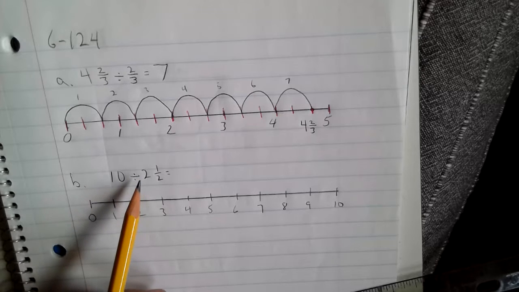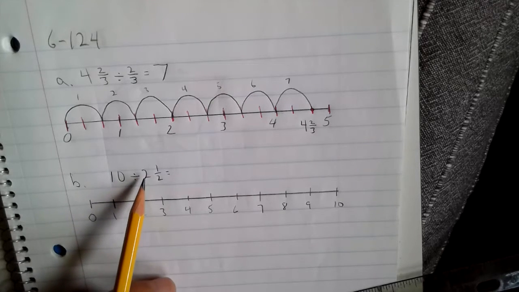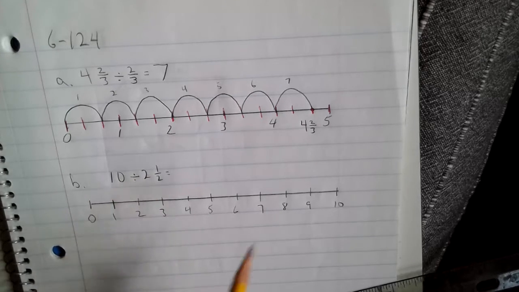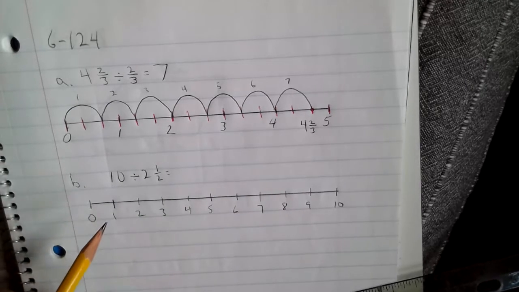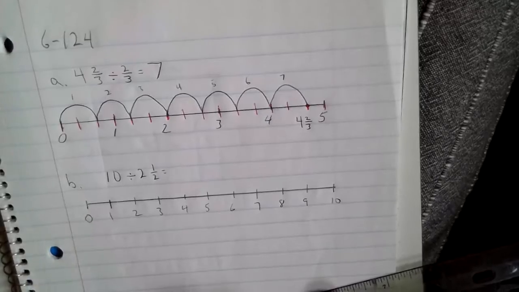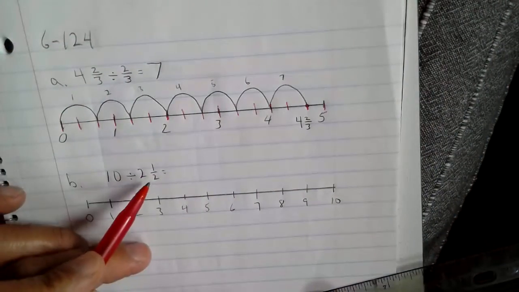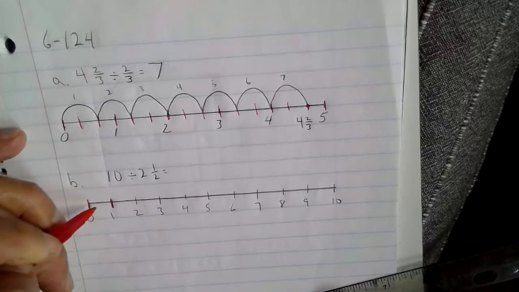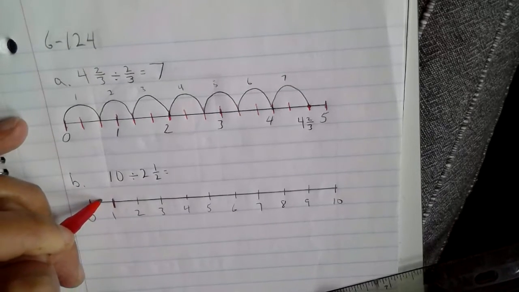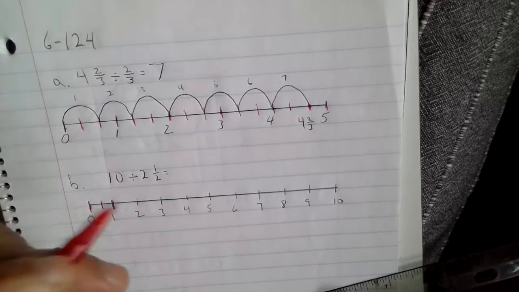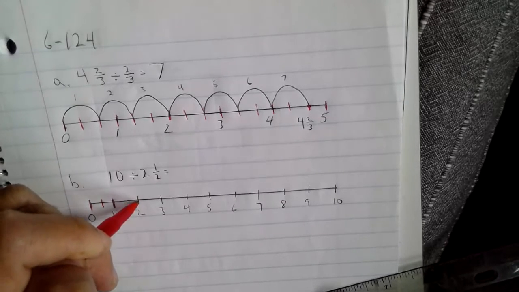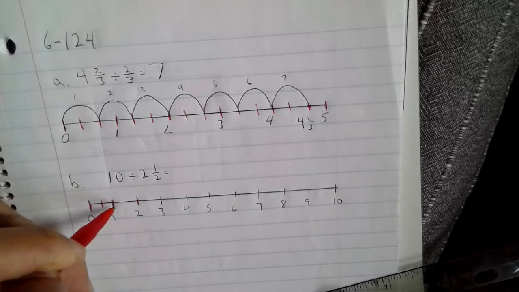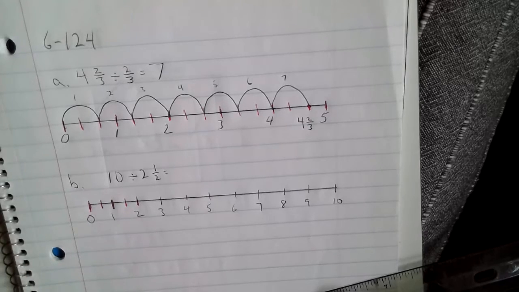So now it says how many complete groups of 2 and 1/2. So far notice here I do not see any halves. So what I want to do also is take my number line and start to cut it into halves. So I'm just going to darken this here and cut this portion into half. This one whole, the same thing. One whole, cut it in half.